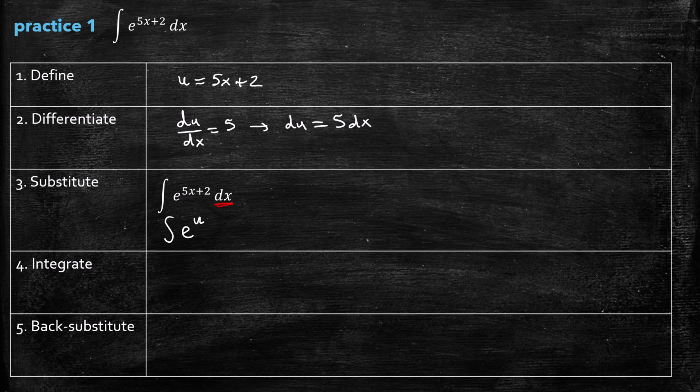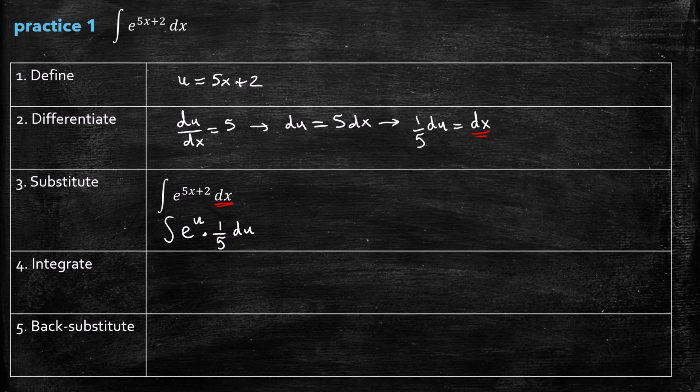And right now we have 5 dx up there. So we have to be prepared to make these little tweaks depending on the scenario. We could divide both sides by 5, so bring that 1/5 over here so that we have dx isolated. And with that dx isolated, we can make this substitution. So in place of dx, we put 1/5 du.